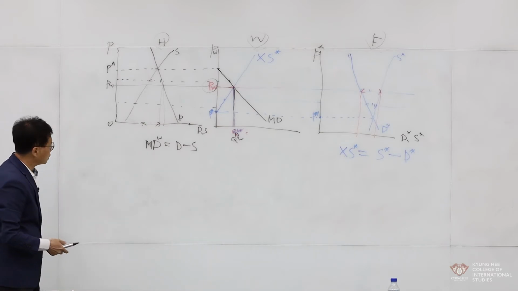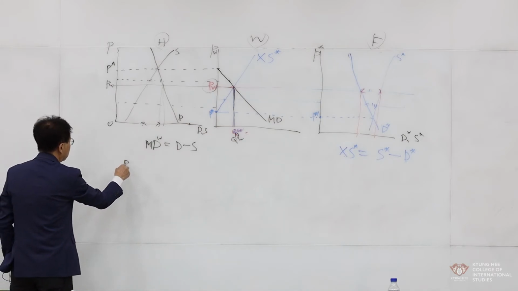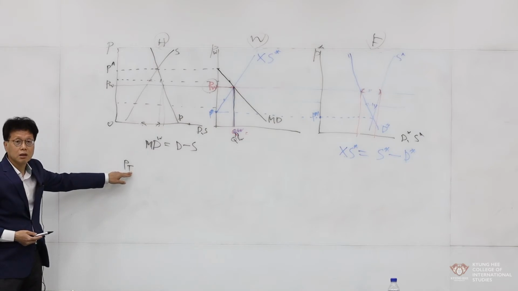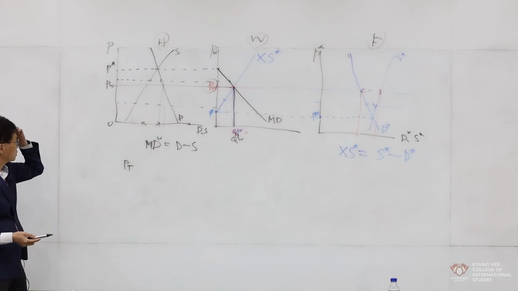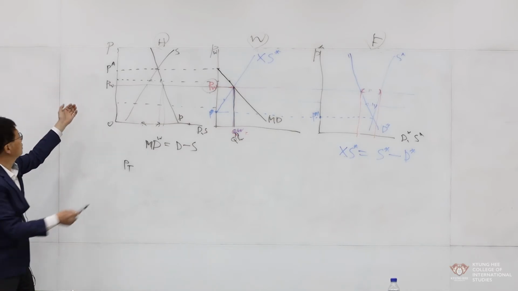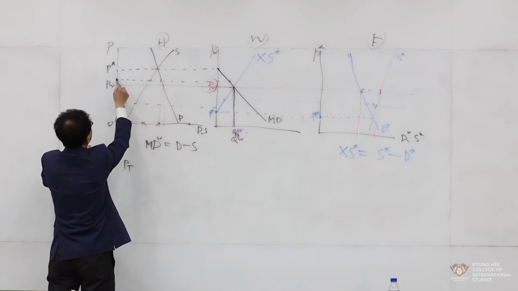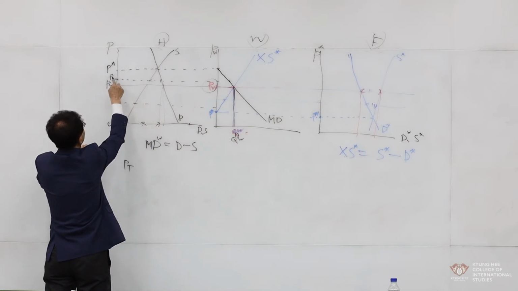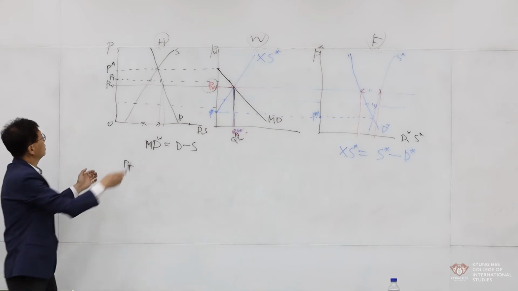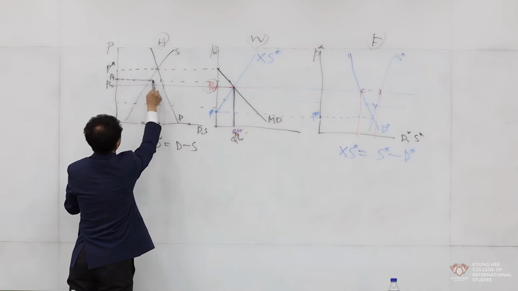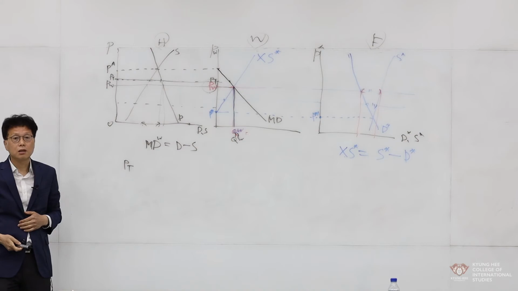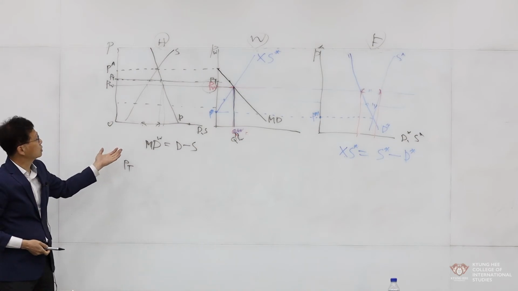So the price after tariff, I notate by PT, price after tariff. Okay? So for example, the domestic price increases, right? Then, for example, after tariff, that is PT. So the new equilibrium price after imposition of tariff, that is PT, for example, like this. Now we consume like this.